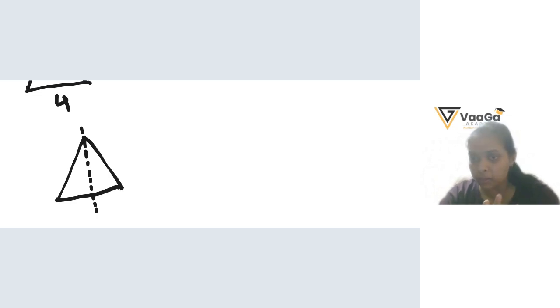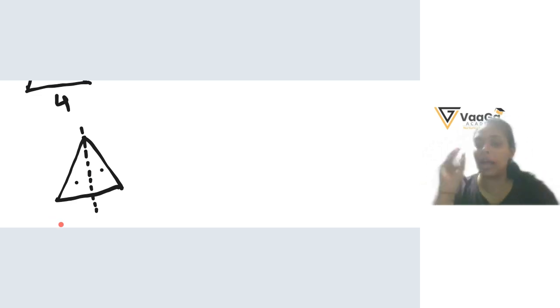And in those two triangles, I have two sides common. See, this side and this side will be equal for this triangle and this triangle, right? So what I do is to calculate the area.